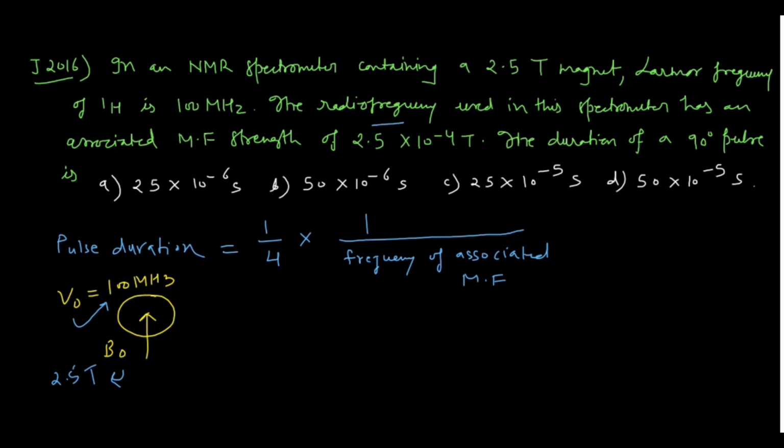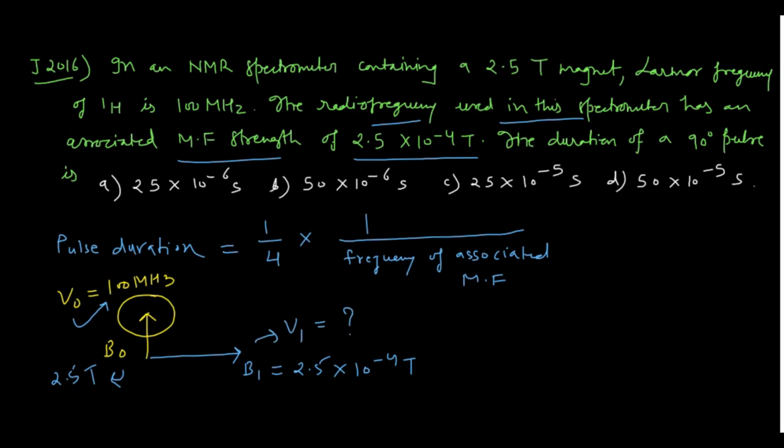Whatever radio frequency you use in this spectrometer will have an associated magnetic field, and that associated magnetic field always goes at right angles to the previous one. This I am calling B1, and it has a strength of 2.5 into 10 raised to the power minus 4 Tesla. But the frequency nu1 is not given.